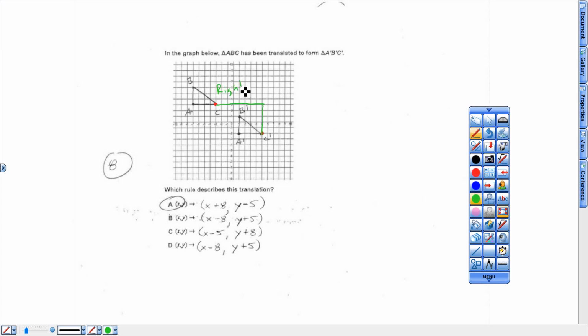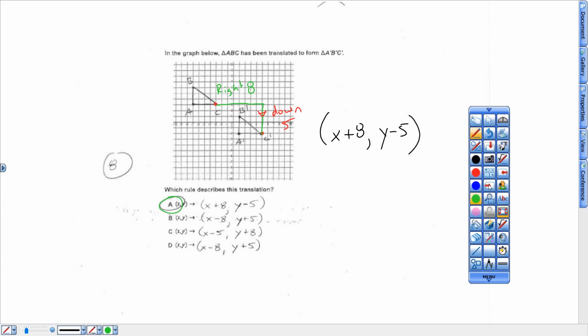Looks like I'm counting 8 boxes. And then from there, looks like I'm going down. And if I count them, that's 5 boxes. So that's why I write this going to the right. I write that X plus 8, adding to the right 8. And then Y, I take away 5 on that one. So that one would be A.